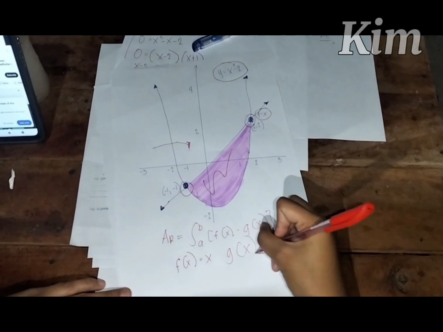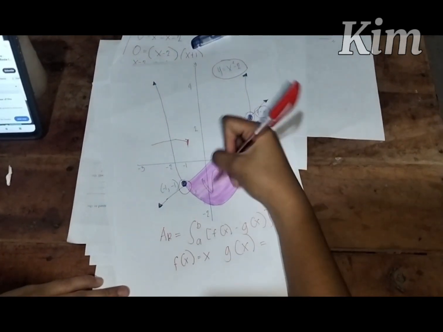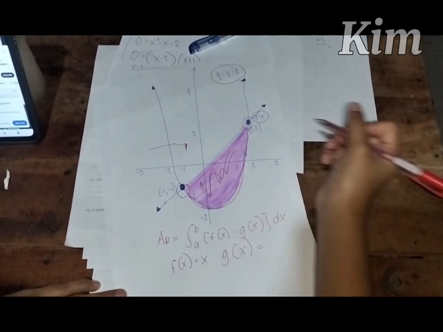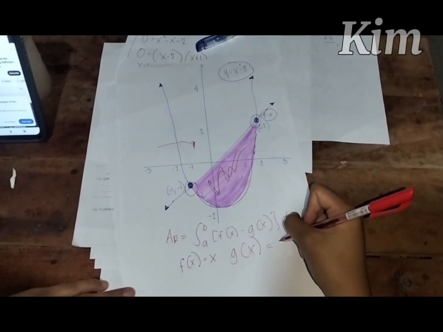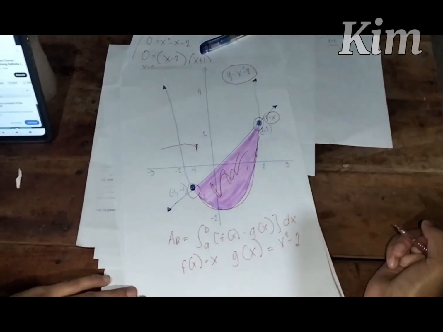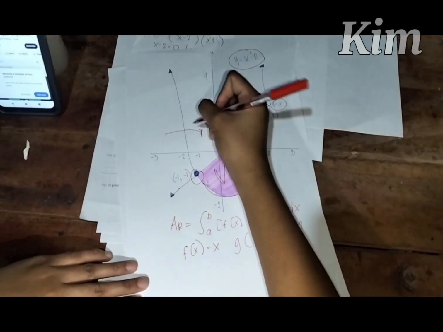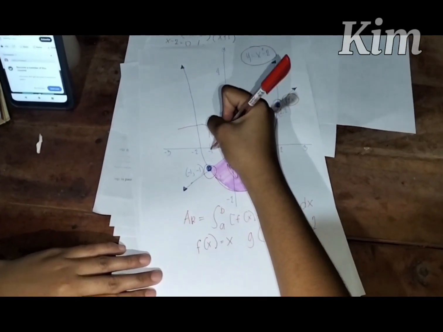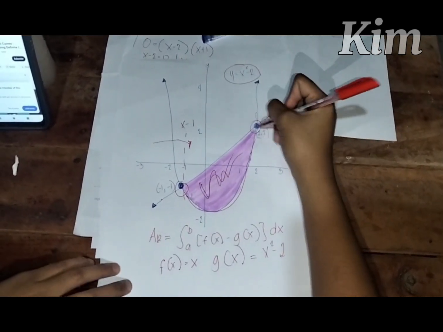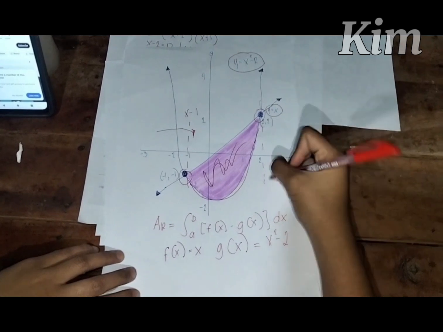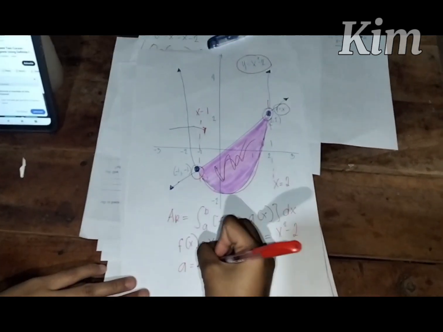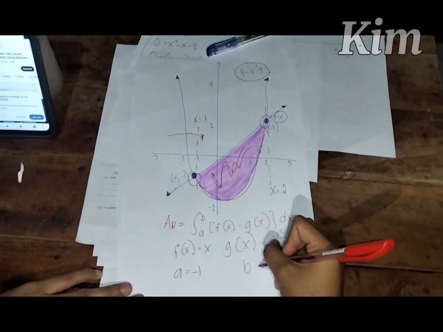Then our g of x, since our shaded region is bounded below by y is equal to x squared minus 2, is x squared minus 2. For the limits of integration, the first vertical line is x is equal to negative 1, and the second one is x is equal to 2. It means a is equal to negative 1, then b is equal to 2.